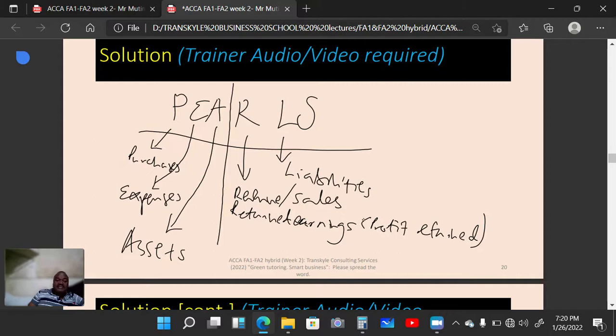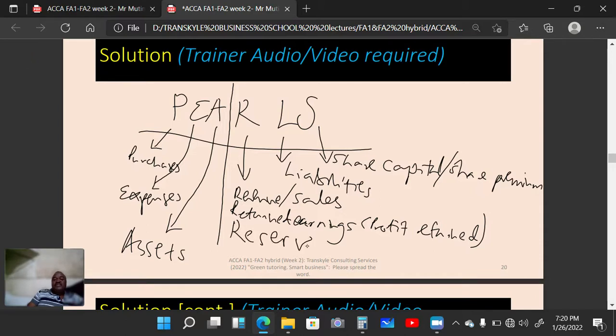They are liabilities, and it has to settle them. Then S, some say is sales, but I like to put it as share capital, share premium, etc. And here for the other R, I also talk of reserves.